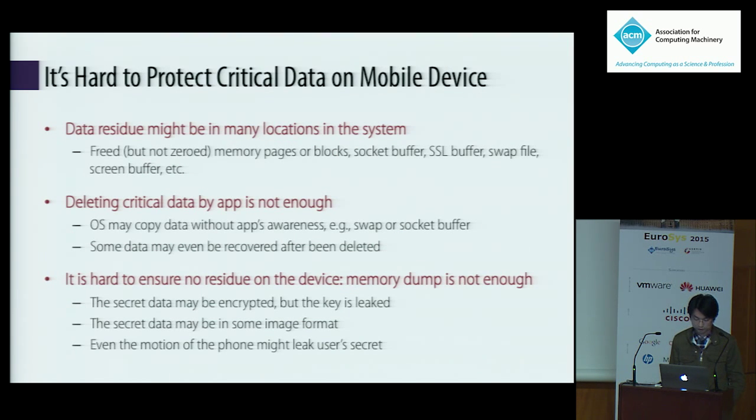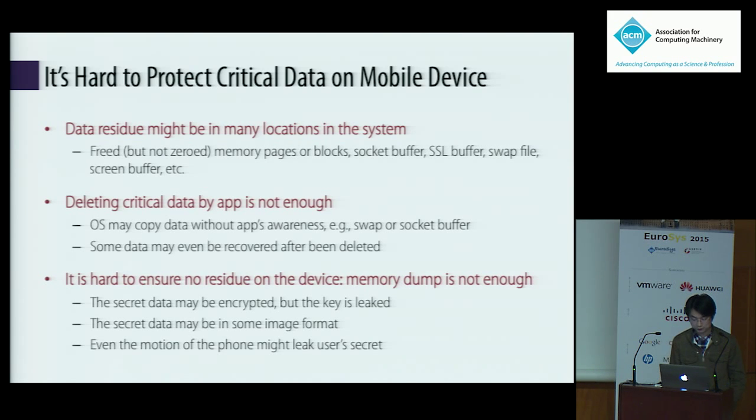So we come to the conclusion that it's very hard to protect critical data on mobile devices. The data residue might be in many locations in the system, for example, freed but not zeroed memory pages or blocks, socket buffers, SSL buffers, swap files, or even screen buffers. Just deleting the critical data in the application is far from enough, since the OS may copy data without the application's awareness, and some data may even be recovered after being deleted.